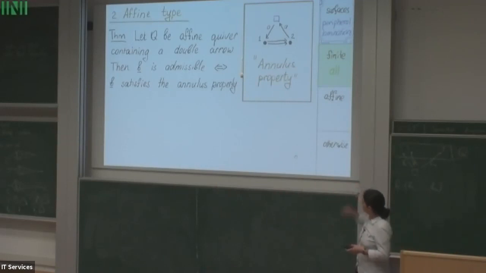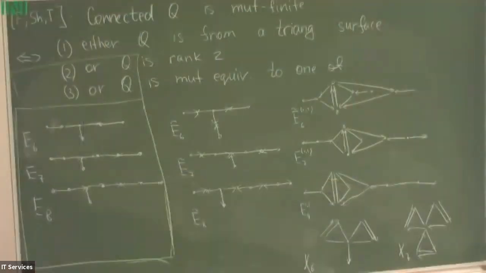Now, this condition of having a double arrow seems like a strong condition. But in reality, every affine mutation class contains at least one quiver with a double arrow.